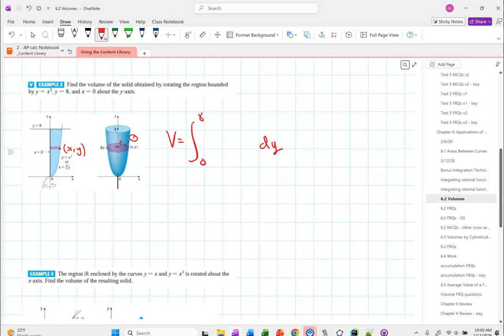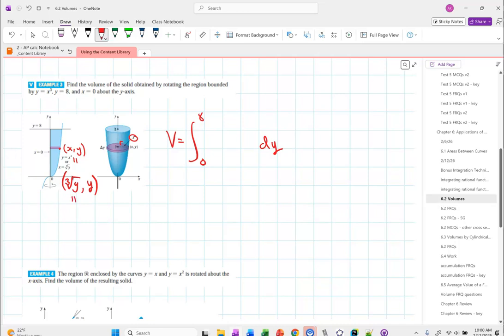So I'm going to need to rewrite this with x in terms of y. If I have y equals x cubed, I can take the cube root of both sides and say x is equal to the cube root of y. Is everybody okay there?